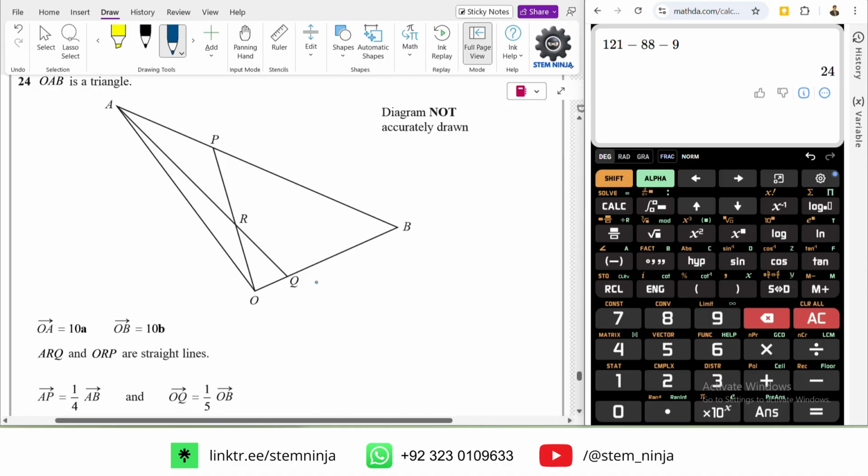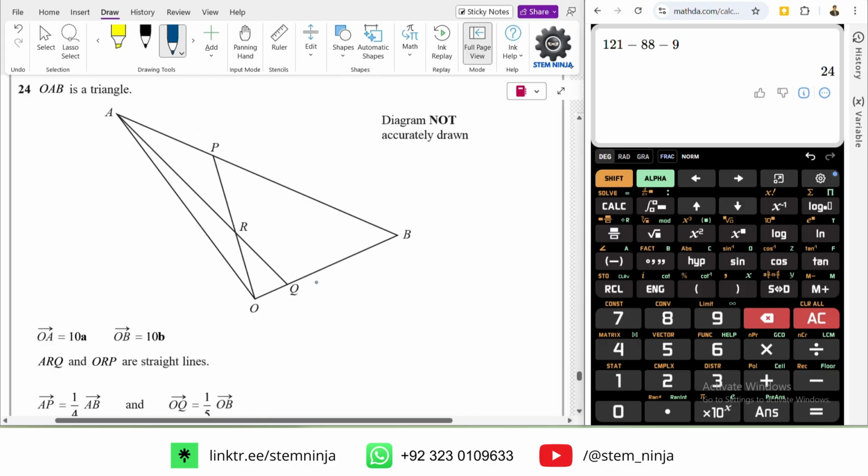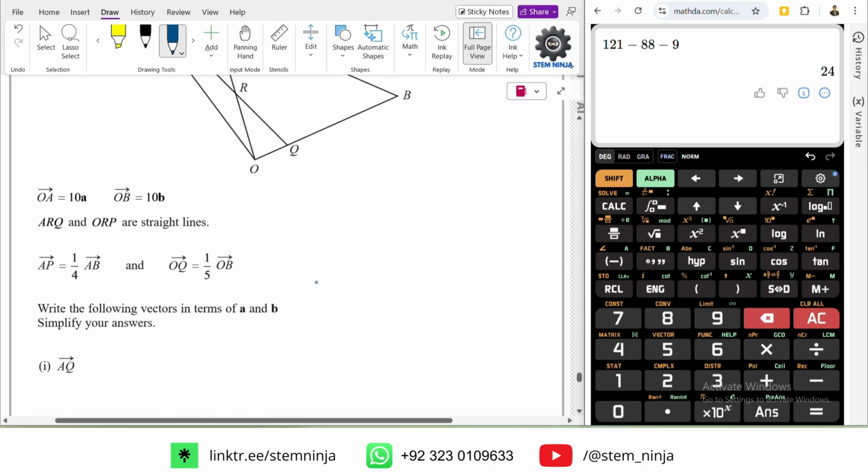Question number 24. OAB is a triangle. OA is 10a. OB is 10b. ARQ and ORP are straight lines. AP is 1/4 of AB and OQ is 1/5 of OB. Write the following vectors in terms of a and b.